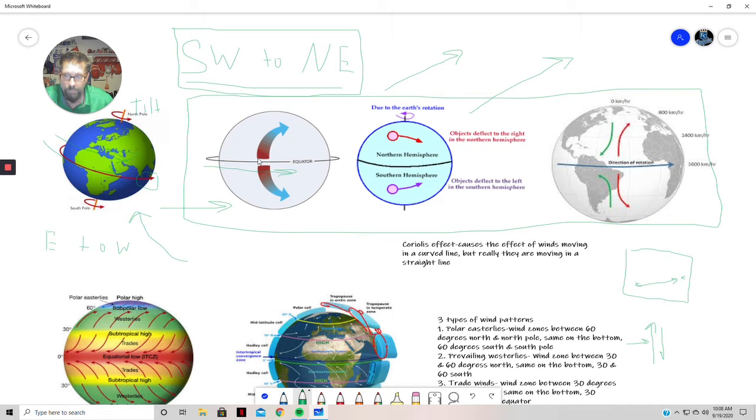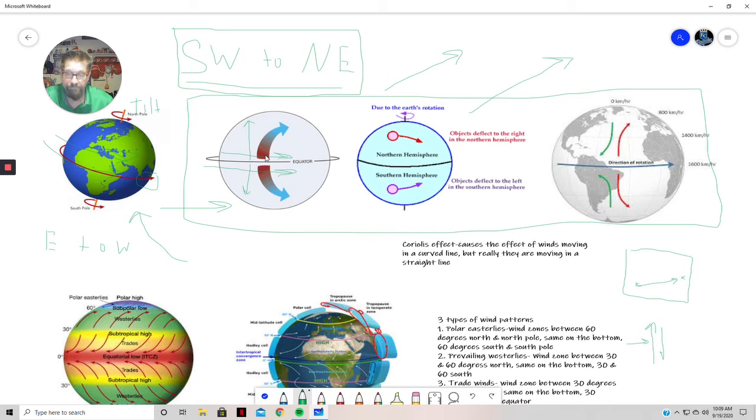And so when it moves away from the equator, if we didn't rotate, it would just move straight up, or in this case, straight down. But because we spin in this direction, it's not an optical illusion because we can't see it, but it's a feeling illusion.